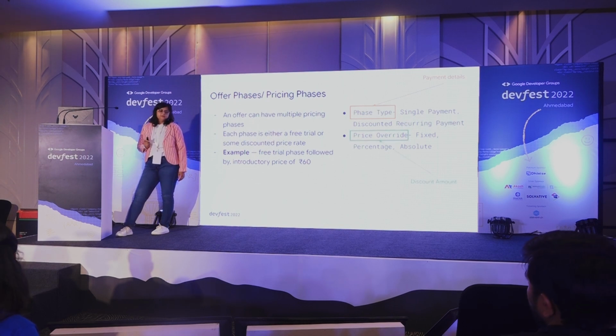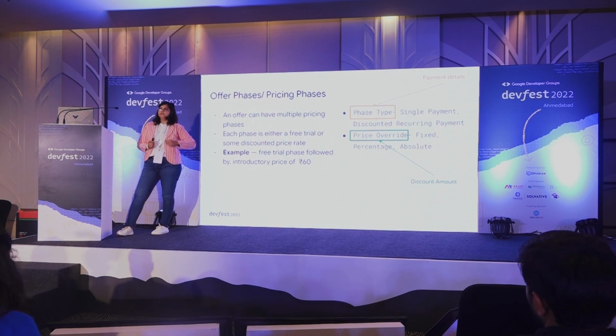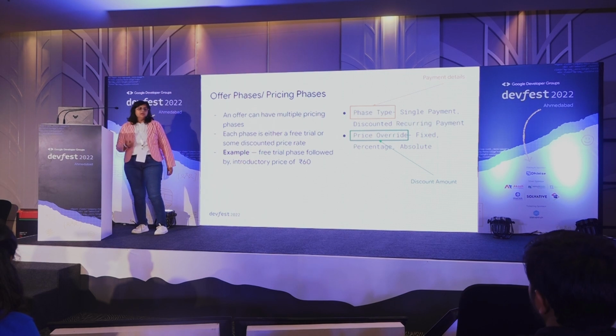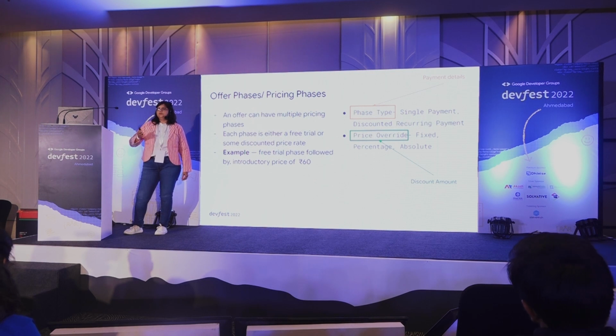Price override is how you define your discount, how you want your users to have the discount. Fixed amount, if you want your users to use this pricing at a fixed 120 rupees, you can use fixed amount. Percentage defines how much discount you want to give in terms of percentage. So 20%.